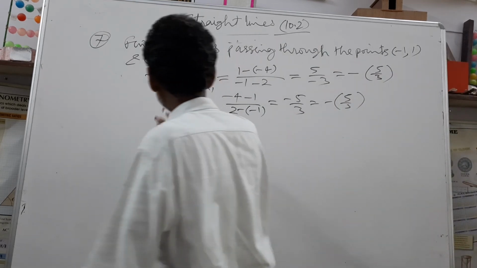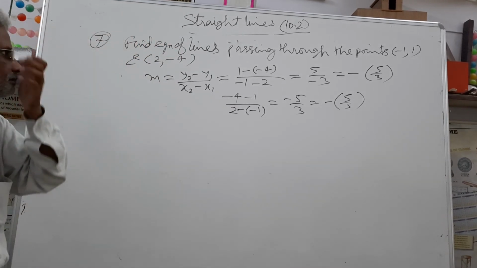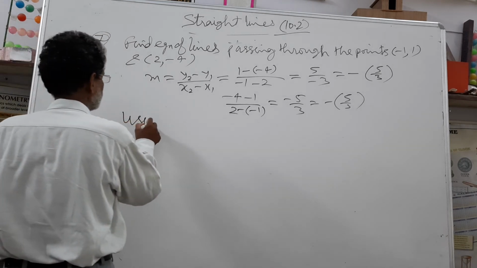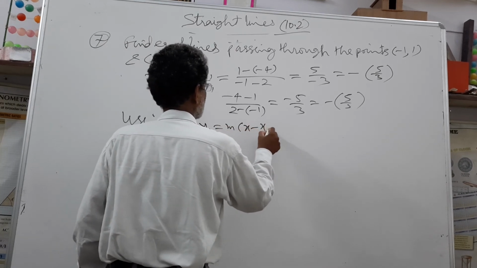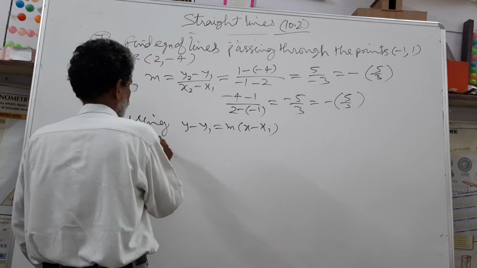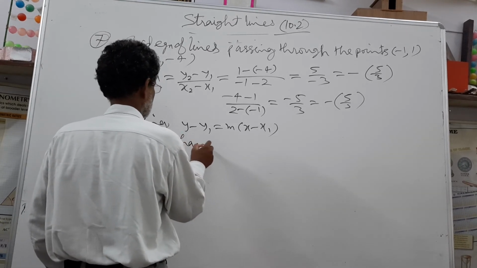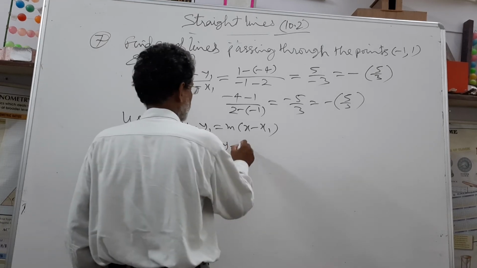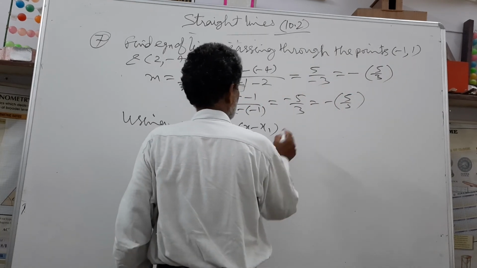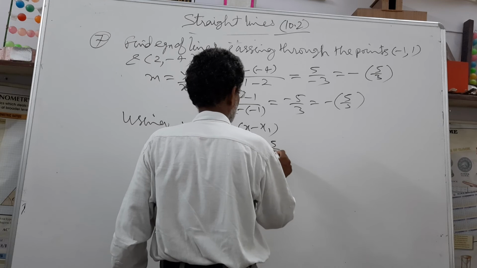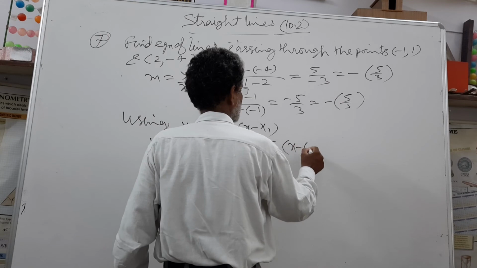Now m is obtained. Select any point as x1, y1. Using y minus y1 is equal to m(x minus x1), we have y minus 1, selecting this as x1, y1, is equal to value of m, minus 5 by 3, (x minus minus 1).